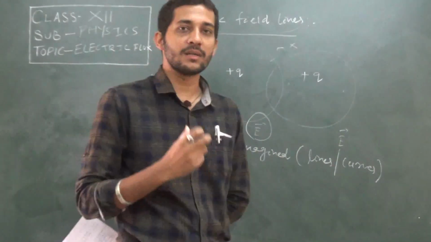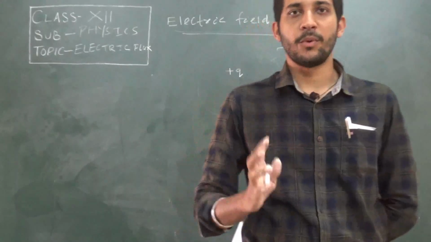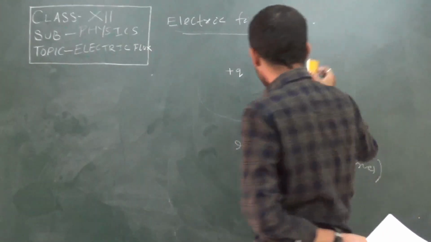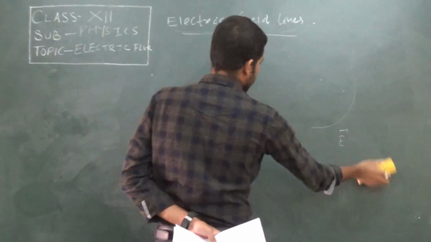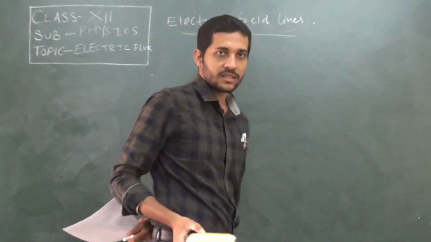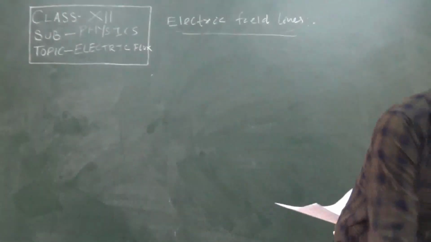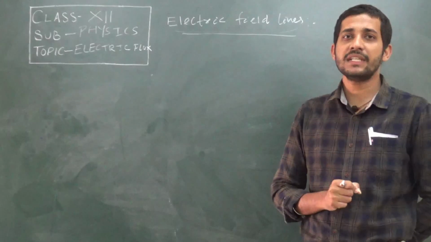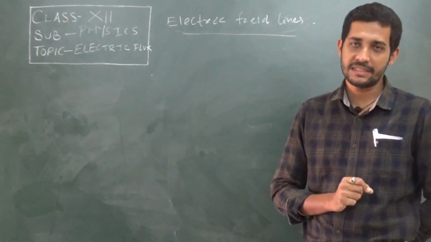So at first we need to write the definition, then we will go for some properties of it, then we will draw the diagrams. So if we write the definition, we can say these are imaginary lines or curves. At any point if you draw a tangent, then at that point we can easily find the electric field intensity. Okay.